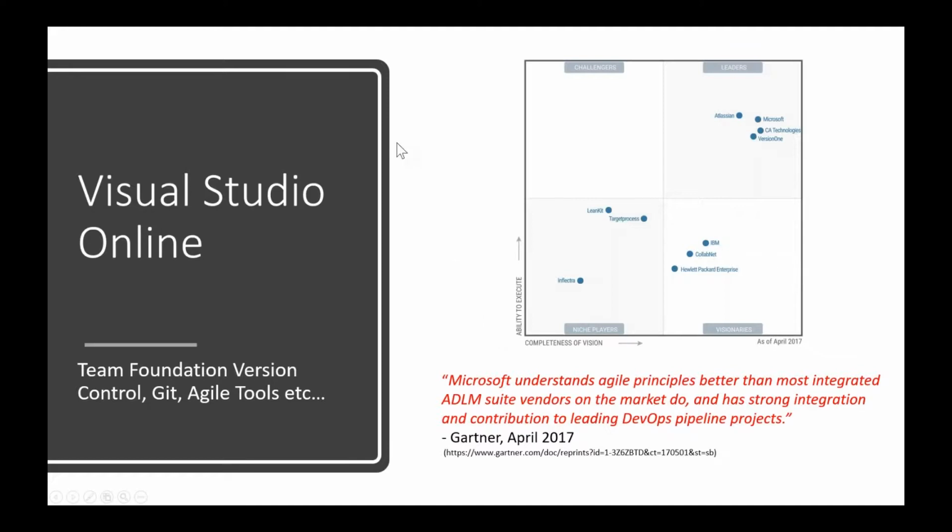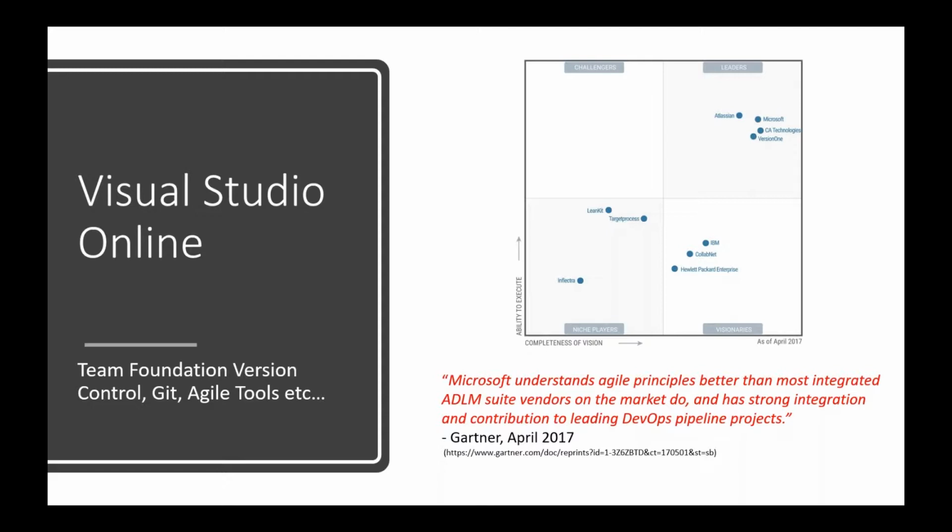Now, Visual Studio Online has come a long way. When I started, it was Visual SourceSafe, which was actually only a code repository with some advanced versioning on top of it.